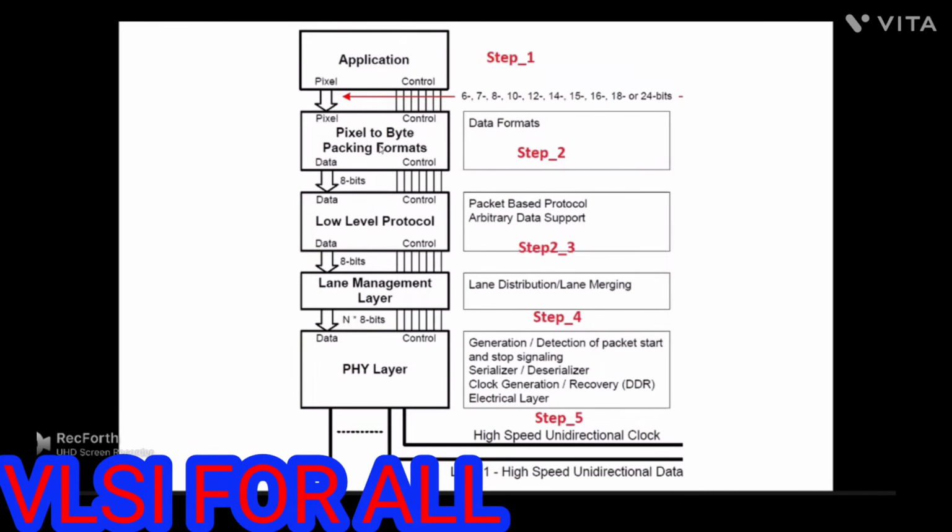That's why there is a pixel-to-byte conversion here. And here we are choosing the 4 lane, each lane is 8-bit, so at a time we are taking 32 bits of data. After that is the low-level protocol, where we are adding some rules, and I will explain these things. It's also the lane management layer. And finally, we are moving to the PHY, the physical layer.